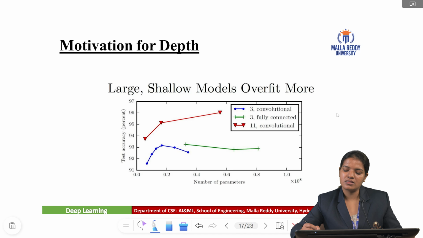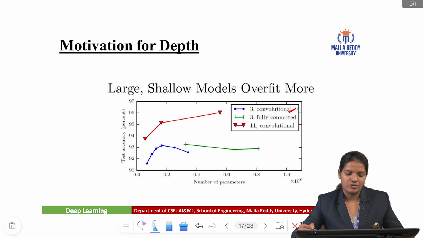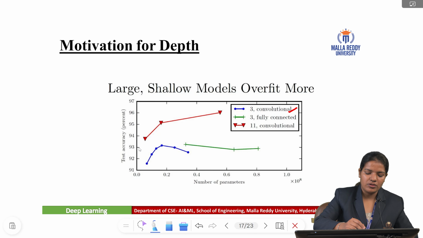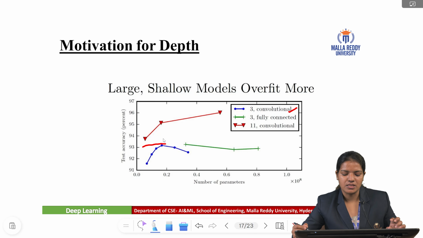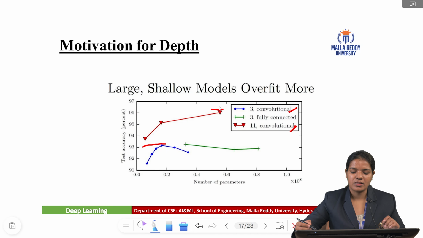The number of hidden layers depends on the accuracy or the performance. Suppose we use 3 convolution layers, then the accuracy will be only 93%. But if we use 11 convolution layers, the accuracy suddenly increases, up to 96%.